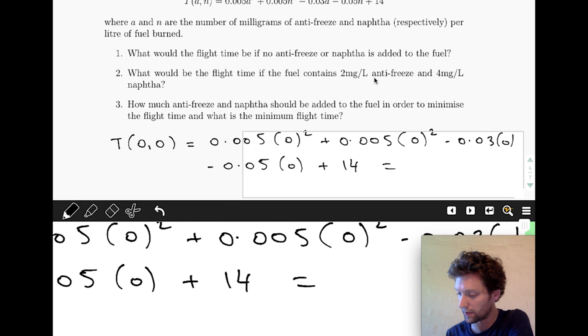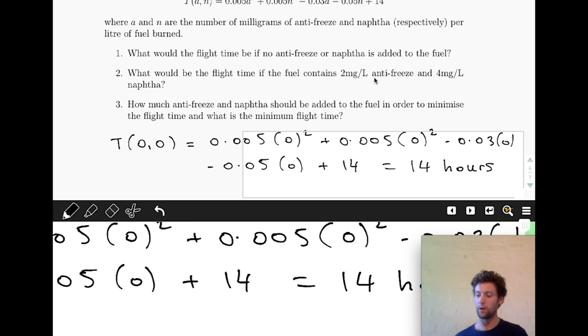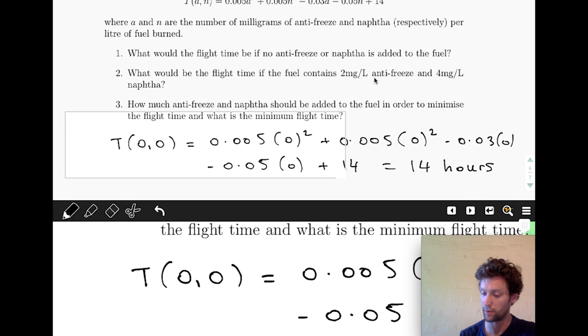The only thing there that hasn't got a 0 multiplying it is the 14. So the flight time from Sydney to Los Angeles, burning a fuel of pure kerosene, is 14 hours. So that's no additives at all. That's the first part of the question.